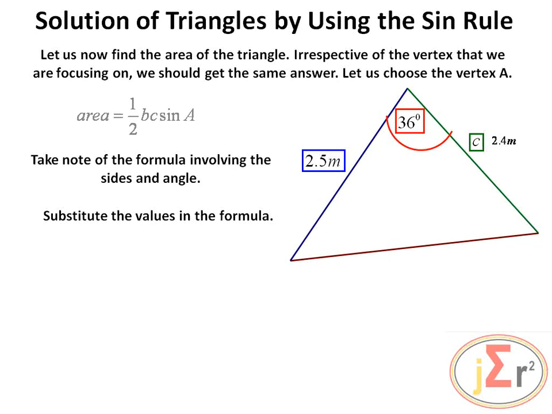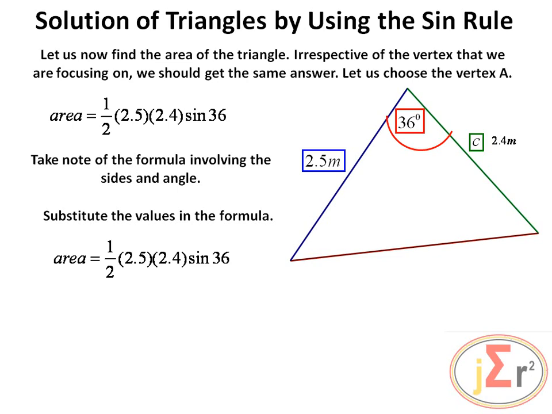So no problem with that. So we are going to just put in our sine 36, and of course all we do is multiply all of those figures, and our area turns out to be 1.77 meters squared.